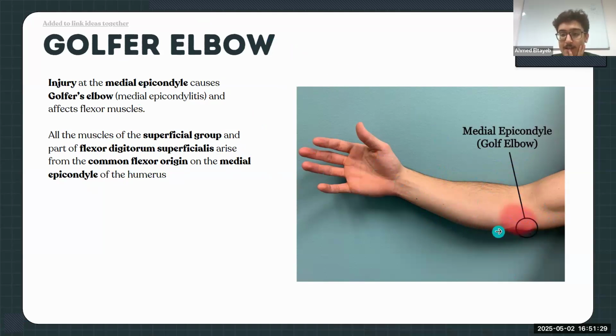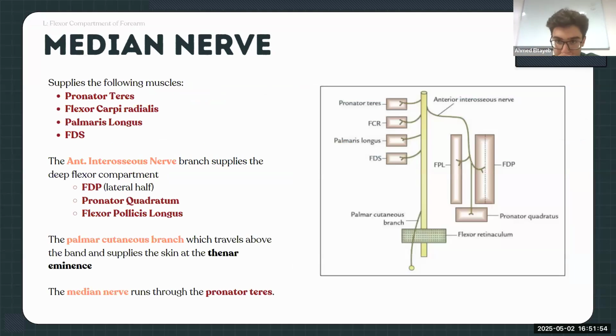Okay? And it's very painful. Sometimes you can't perform many actions with your hand. It's not really an emergency, but it requires some support straps and also some physiotherapy. This is golfer's elbow, and it's related to the flexor compartment of the forearm.